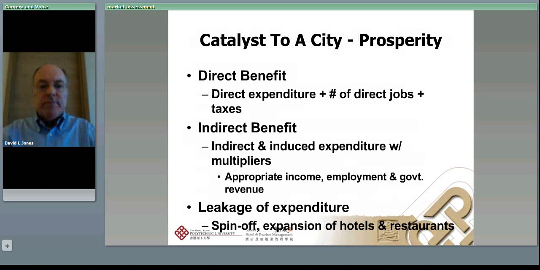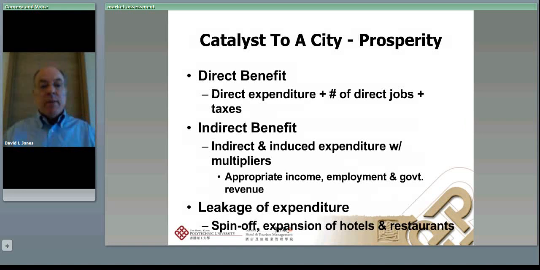In other words, as I mentioned earlier, you have an employee of, let's say, a hotel connected to the convention center who goes out and spends their money in the local grocery store. That's one form. And then you have a further one when that employee of the local grocery store decides to take their family out for dinner at McDonald's in the local community, and so on, and how much of that is really there.